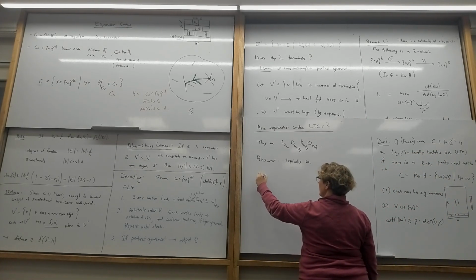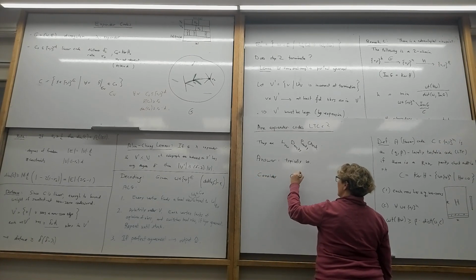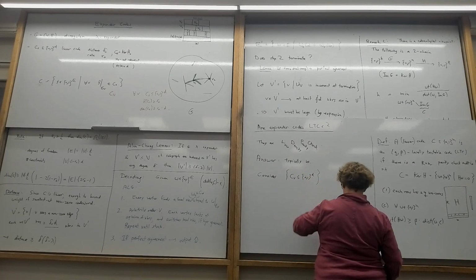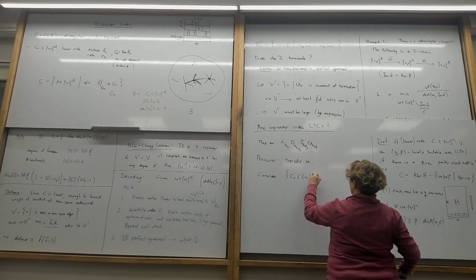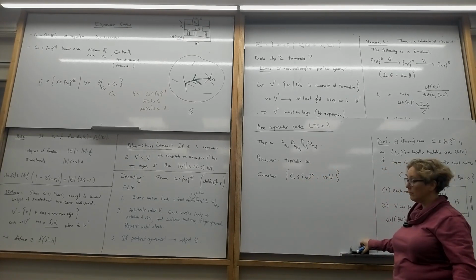Consider a family of error correcting codes. For every vertex I'm going to have a different little local code.